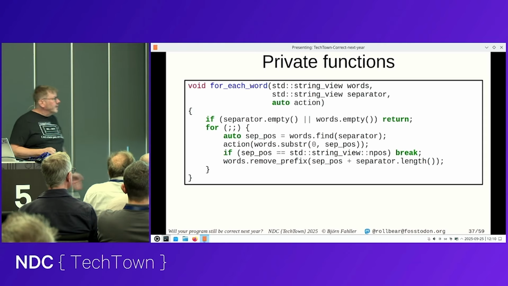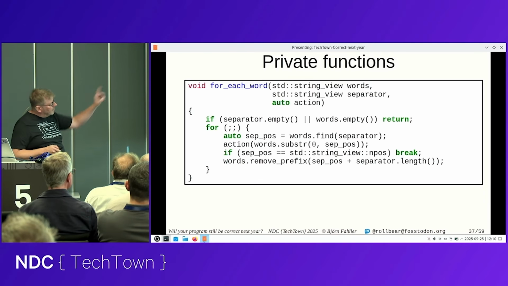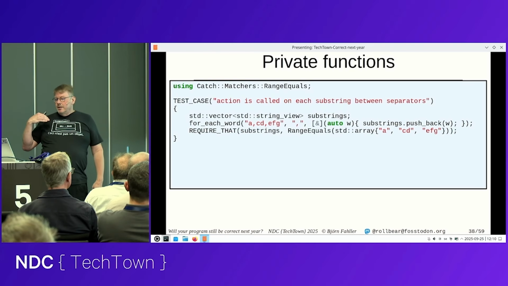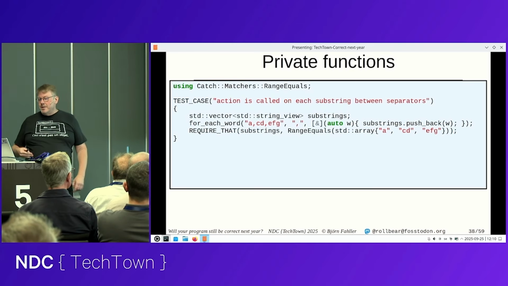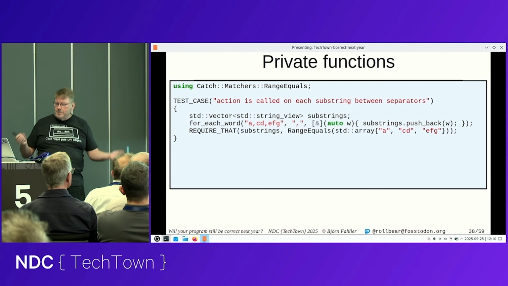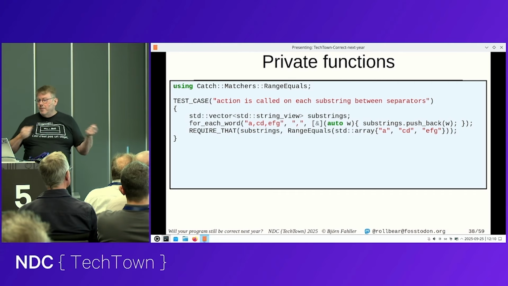And now I can write tests for this, because it's a freestanding function, or actually a function template in disguise because of the auto there for action. So I can write action is called on each substring between separators. So create a vector of substrings, call for each word with a, comma, c, d, comma, e, f, g, and the separator is a comma.